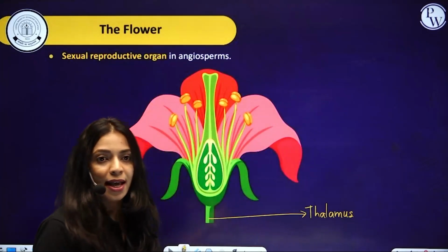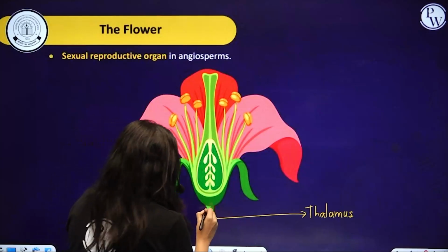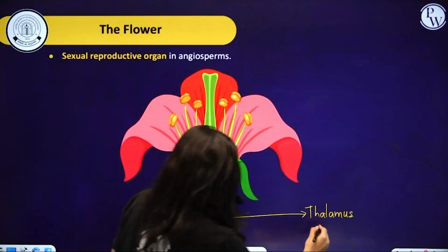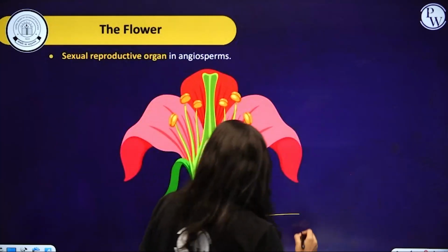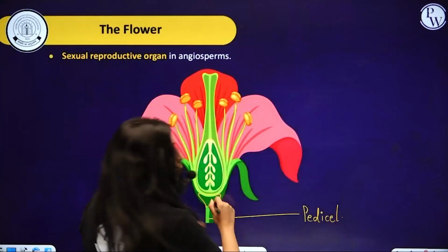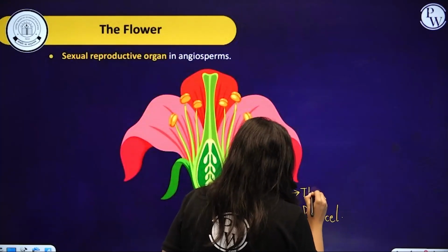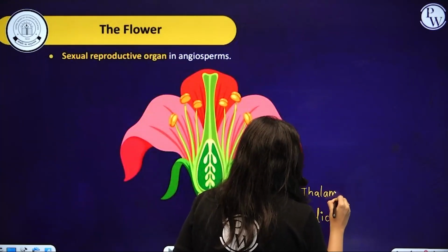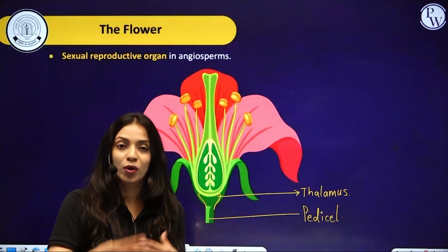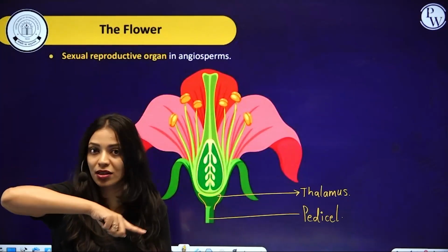The stalk is called the pedicel. This broad base that you see at the tip of the pedicel is what we call the thalamus. On top of the thalamus, you can see floral parts like petals, sepals, androecium and all of that arranged in concentric circles, which we call whorls.